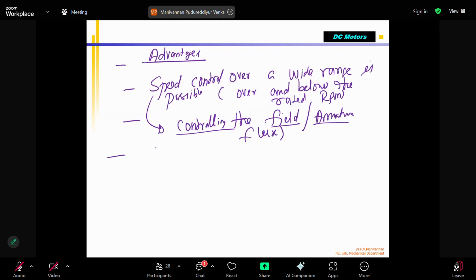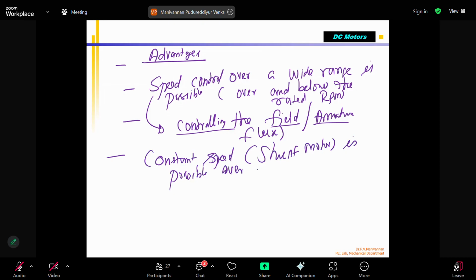Then if I take constant speed operation, especially a shunt motor, it is possible over a range of speed.